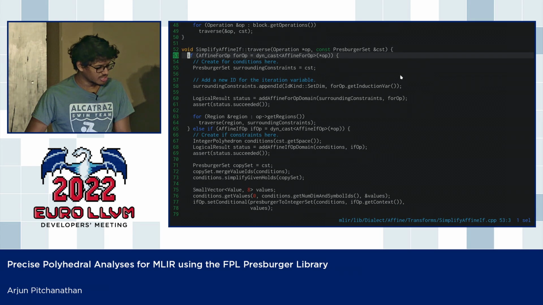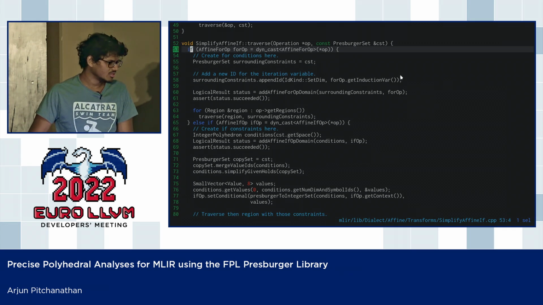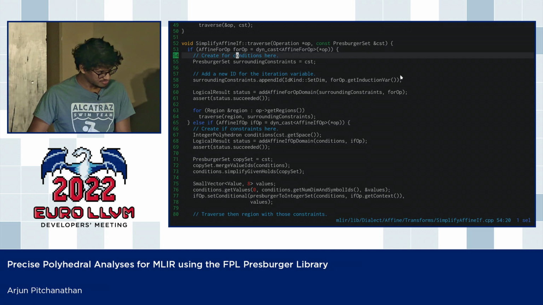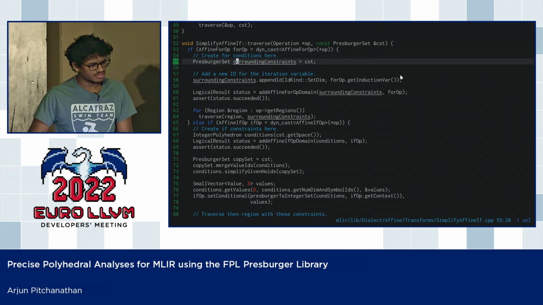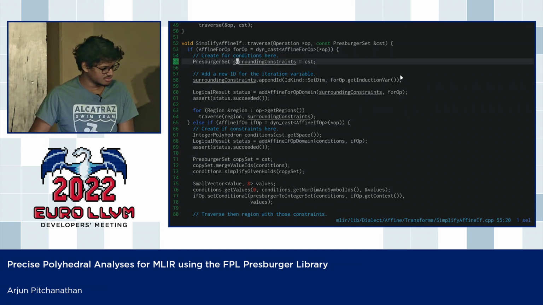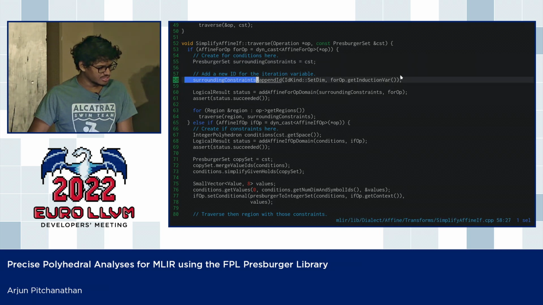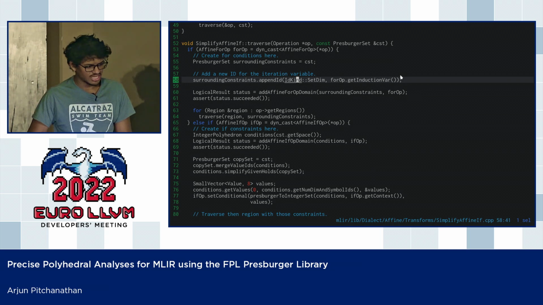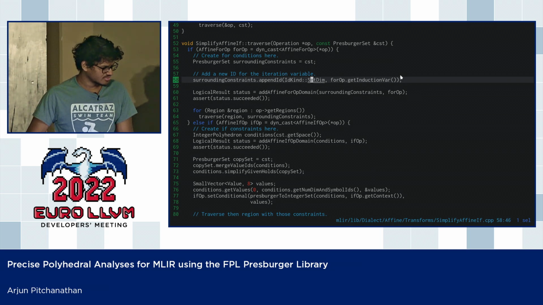And now let's come to the main part of the implementation. If it's a for loop, we will add the for loop's range constraints. So initially, we append a new ID. This corresponds to the induction variable of the for, so basically I. We add it as an ID of type setdim.